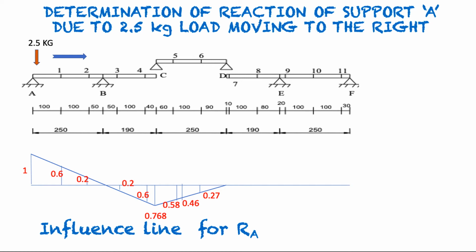Okay, now the first test is that we will move the 2.5 kilogram load from support A to point 1, 2, 3 until support F. Then we will draw the variation of the influence lines.